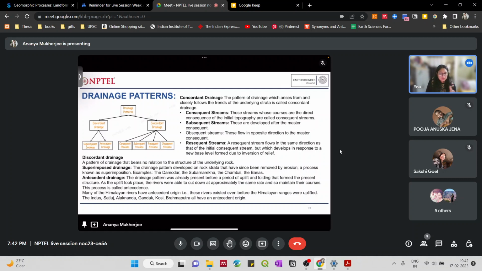You can read the material here to understand the difference between concordant and discordant. In discordant, what is important to know are the superimposed drainage and the antecedent.